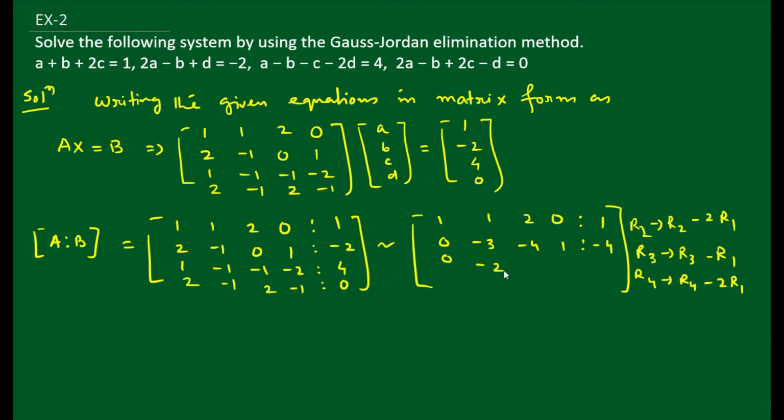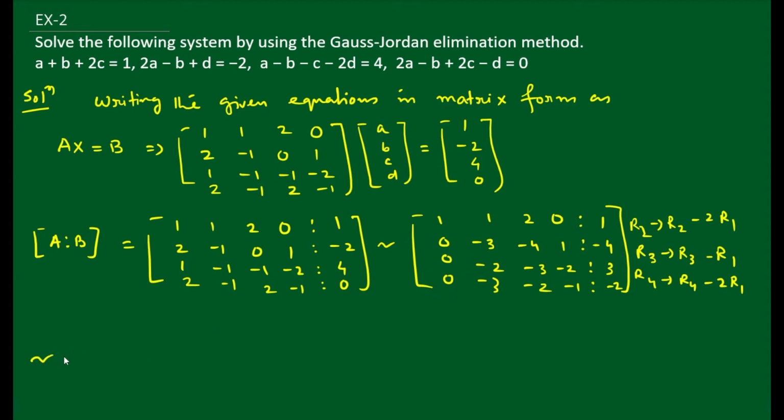Then 0, minus 2, minus 3, and then this will be 3, then 0, minus 3, 2, minus 1, and then the last element will be minus 2. Okay, so it's very simple. Just after fixing the first row, you have to make these 3 elements 0.